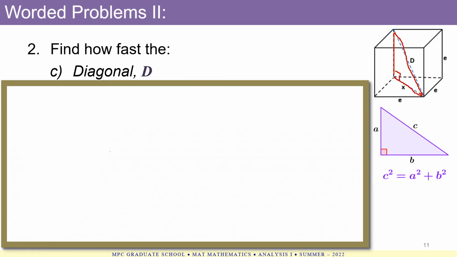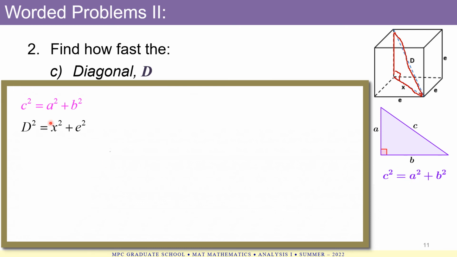So we can follow the formula of the Pythagorean theorem, c squared equals a squared plus b squared. That's going to be d squared equals x squared plus e squared.